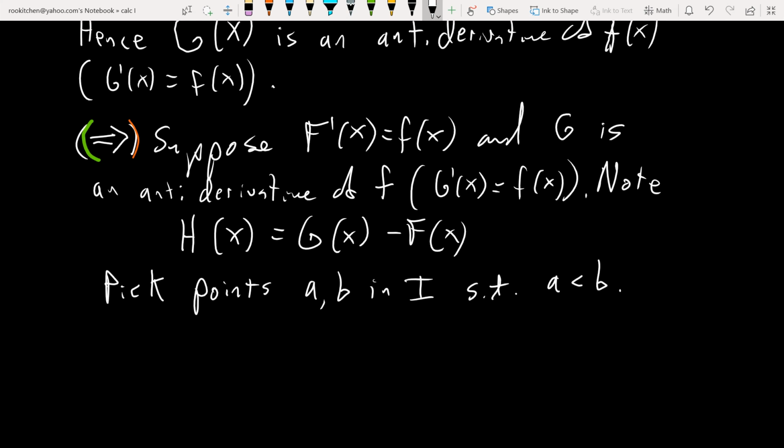Okay. We can apply the mean value theorem here because this stuff is going to be differentiable.